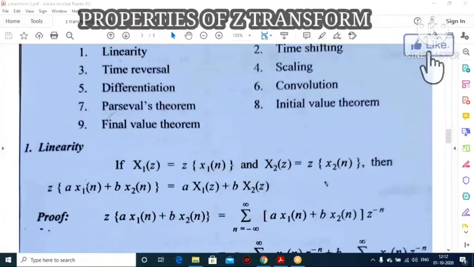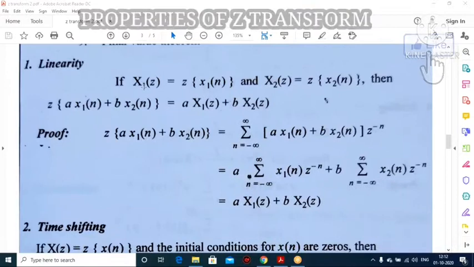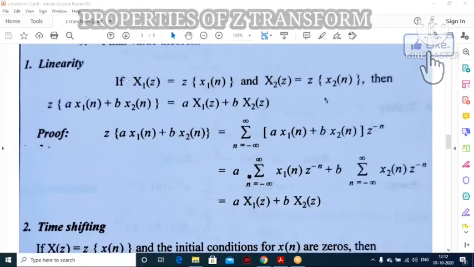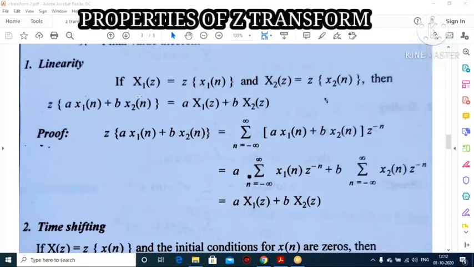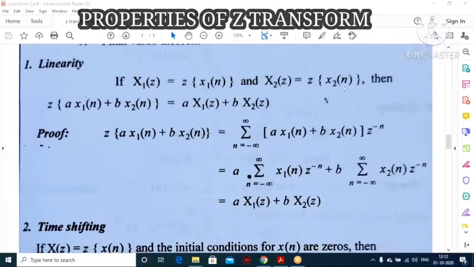Listen to the statement of linearity. If X1(z), where I represent capital X, is the Z transform of x1(n); when you take the Z transform of x1(n) you get X1(z). Similarly, X2(z) is the Z transform of x2(n).